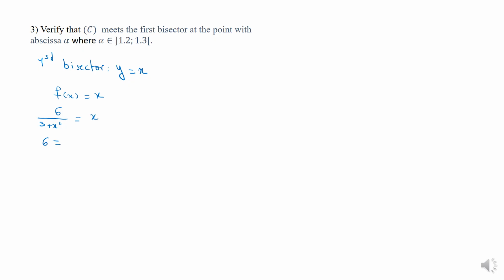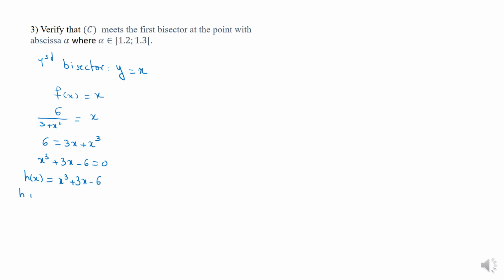So 6 is 3x plus x power 3 means x power 3 plus 3x minus 6 is 0. In order to determine the point of intersection, we are not going to solve this equation, but we will use the intermediate value theorem. So set h of x equals to x cubed plus 3x minus 6.